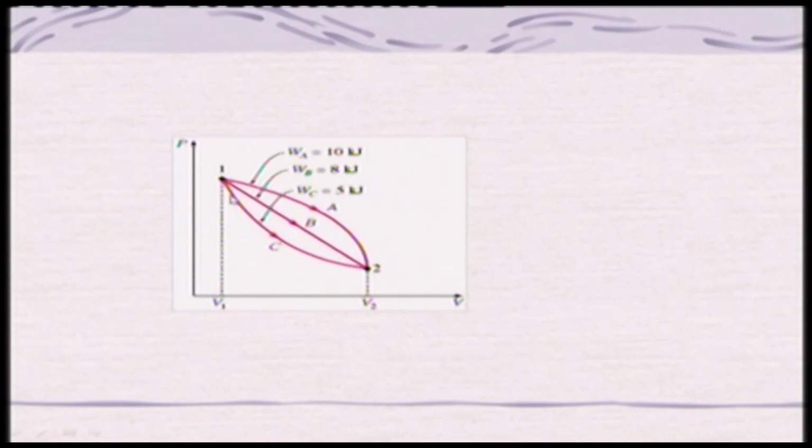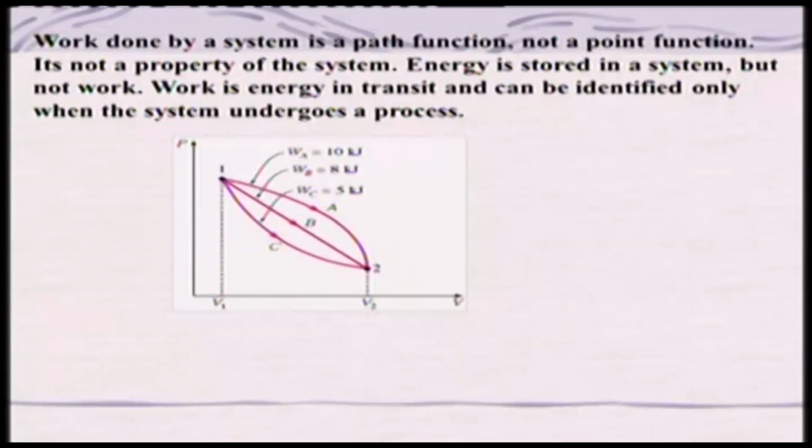For example, if it takes path A, it will be 10 kilojoule. If it is path B, it will be 8 kilojoule. And if it is path C, it will be 5 kilojoule in this example. That means the work is dependent on the path. So therefore, work done can be considered a path function. It is not a point function.